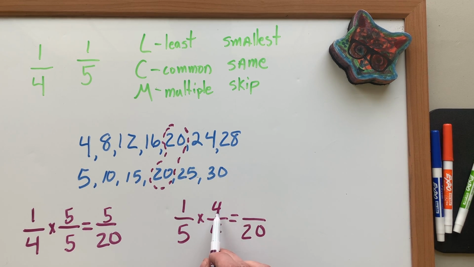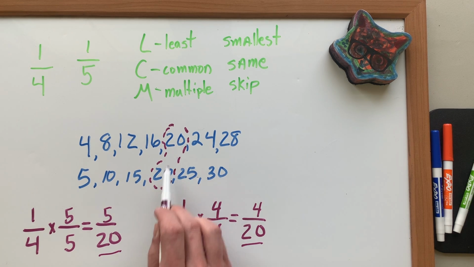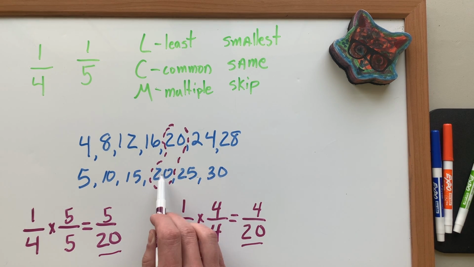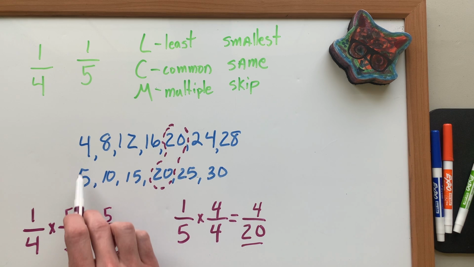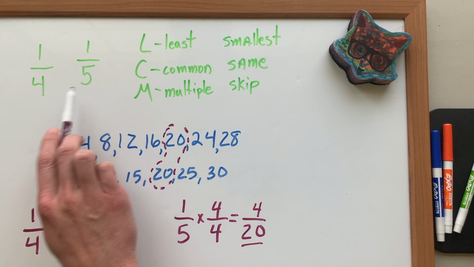And 1 times 4 is 4. My old fraction times a special 1 is my new equivalent fraction, and they have a denominator of 20, which we got from finding the smallest common number in the skip counting for our original denominators.